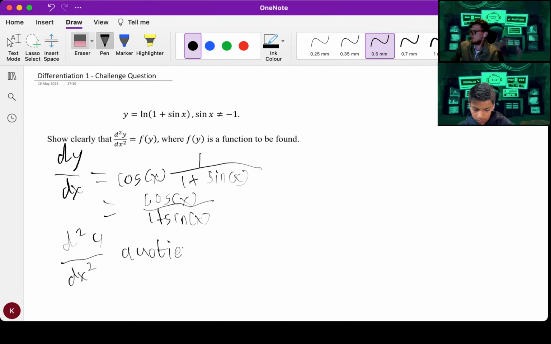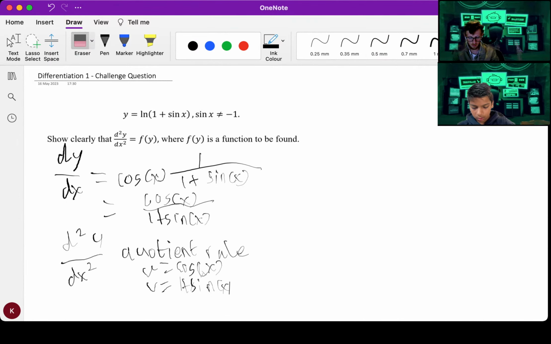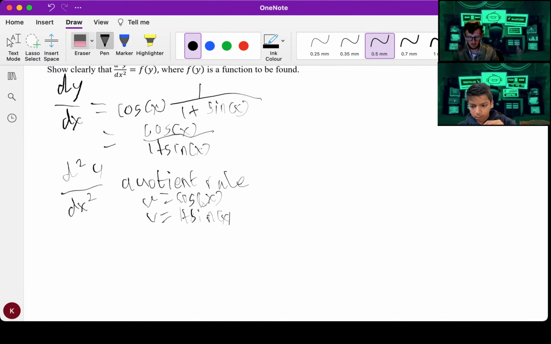Quotient rule again, then so u is cos x, v is 1 plus sine x, and the derivative of u, that is minus sine of x, and the derivative of v is cos of x.